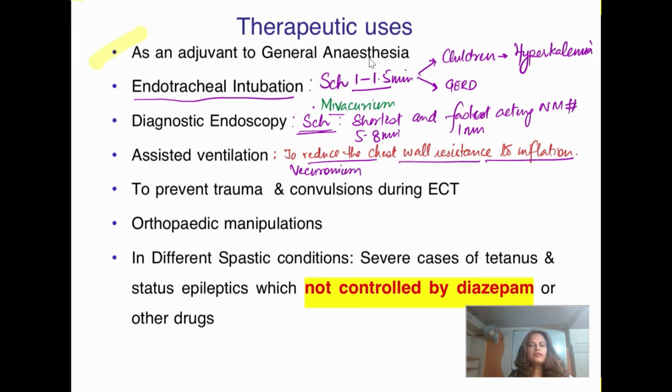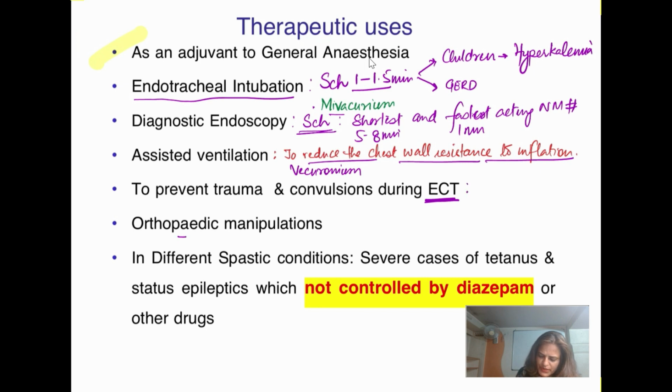What we are going to use here? Vecuronium. Now another therapeutic use is during electroconvulsive therapy, ECT. It is going to prevent trauma and injury. It is not going to prevent the seizures there, but it is going to prevent the injuries and trauma during that procedure, because of the heavy convulsions that happen during electroconvulsive therapy.